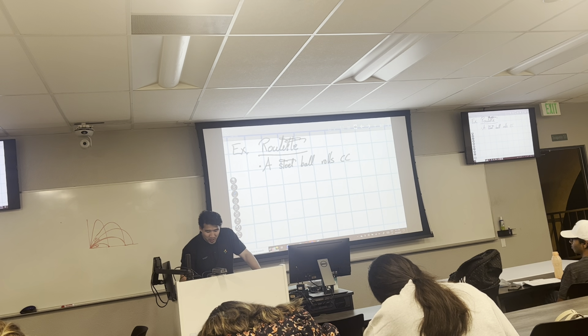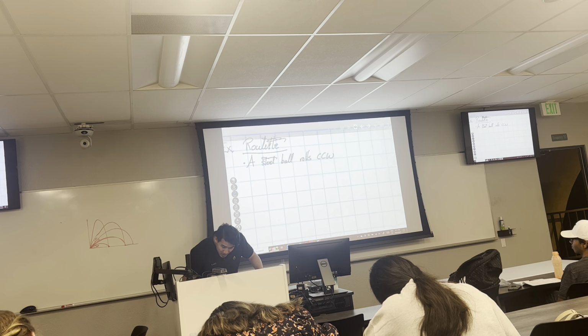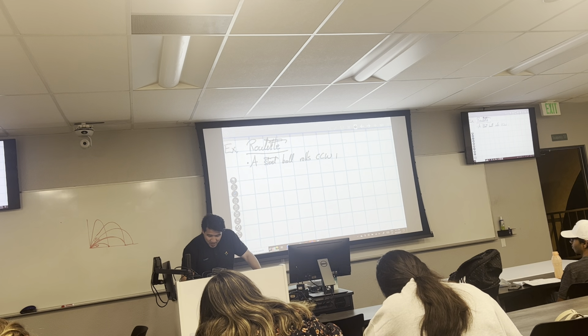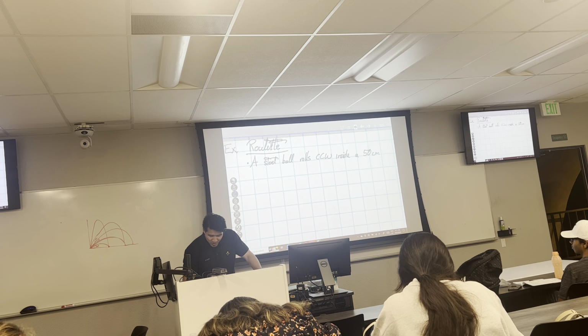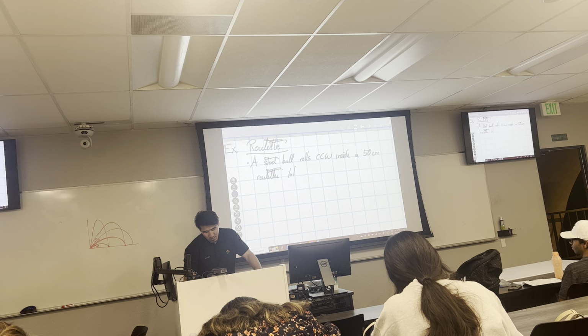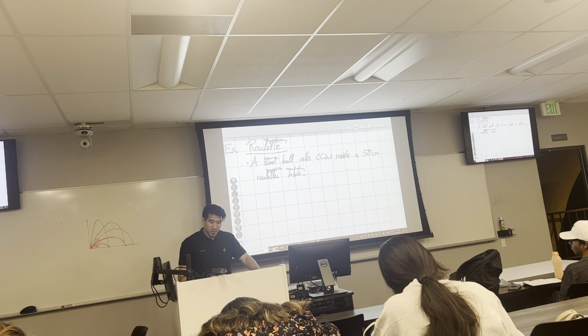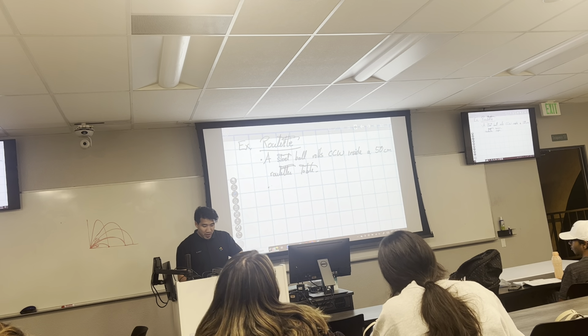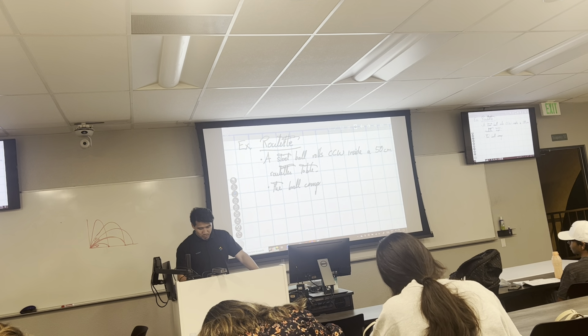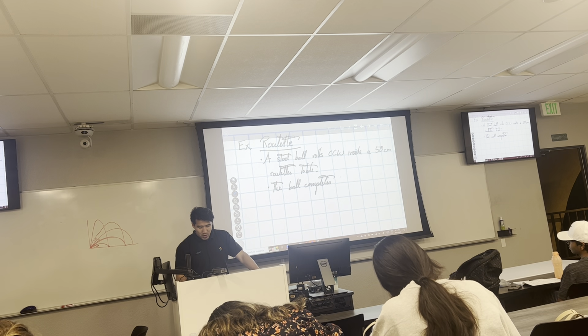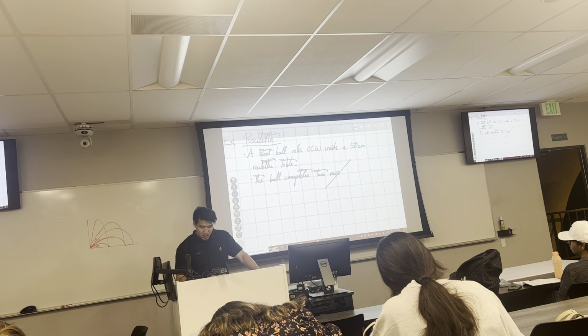rolls counterclockwise inside a 50-centimeter roulette table. You're also given the ball completes two revolutions in 1.50 seconds.